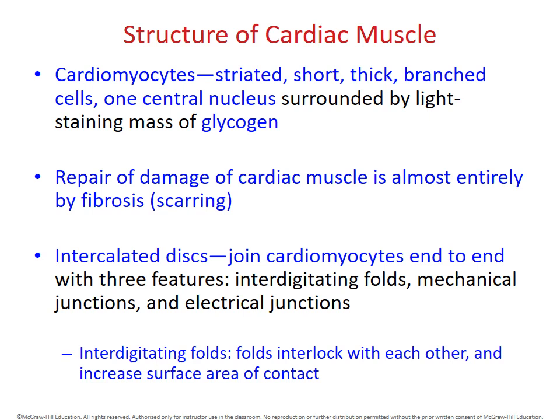If you give me a few seconds, we'll switch over to the next slide where we can explore the visual aspect of the cardiomyocytes a little bit more. I just want to mention one statement that's also listed on the PowerPoint, and it's a very important one. It says that the repair of damage of cardiac muscle is almost entirely by fibrosis. That's right.